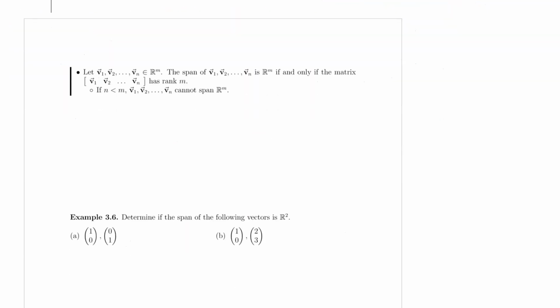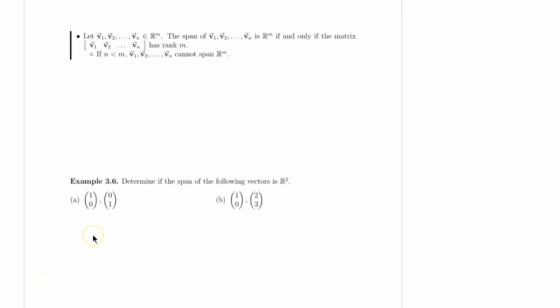For example, in the example down here, I'd like to see if the vectors (1,0) and (0,1) span R^2. You can see that this is just the standard basis for R^2. But using what we have up there, I can form the matrix with columns (1,0) and (0,1).